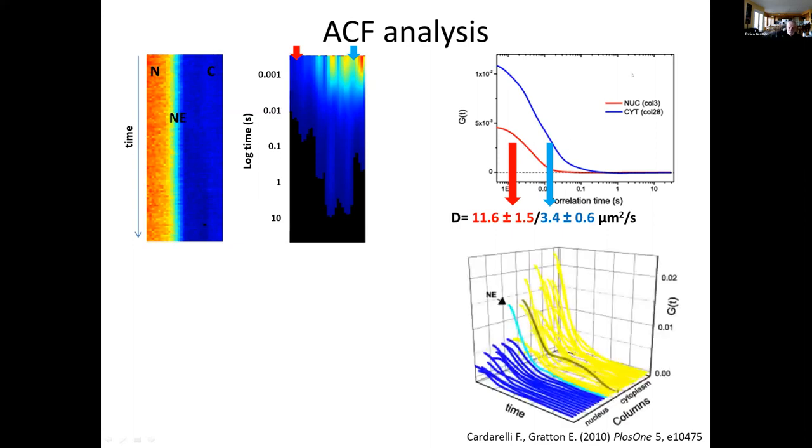Okay, so now let us show the 32 correlation functions that we have. And we see something very interesting. Everything which is in the cytoplasm, or on one side, moves very fast or very slow, but as soon as we get to the nuclear envelope, we have two correlation functions that are completely different from the others. Those two correlation functions are exactly at the border of the nuclear envelope.